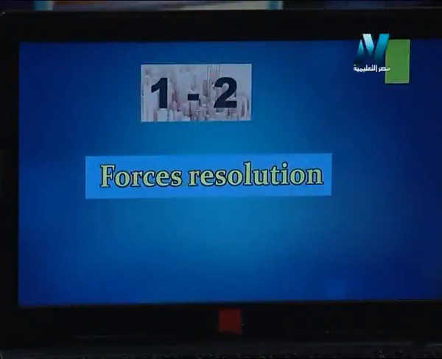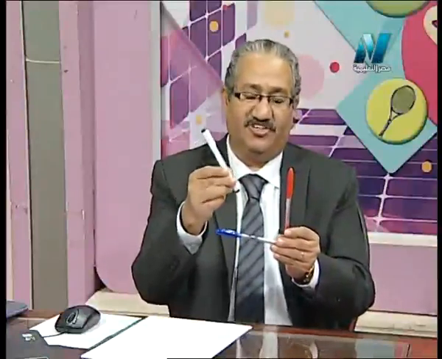My dear students, we are going to study the next lesson, which is forces resolution. The last lesson was: if we have here two forces, F1 and F2, we want to find out the total force, which is called the resultant here, and theta is the angle of inclination of the force R on the first force F1.